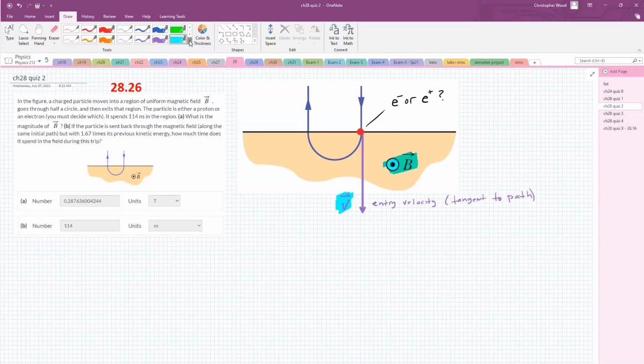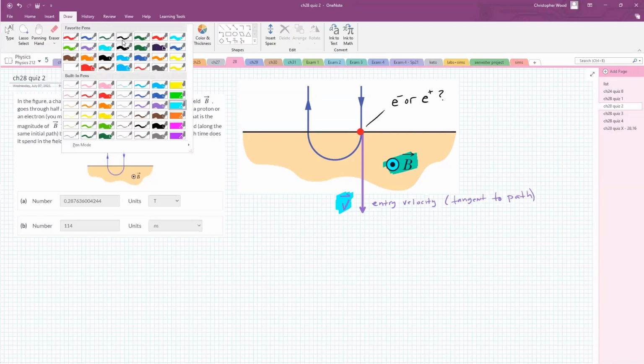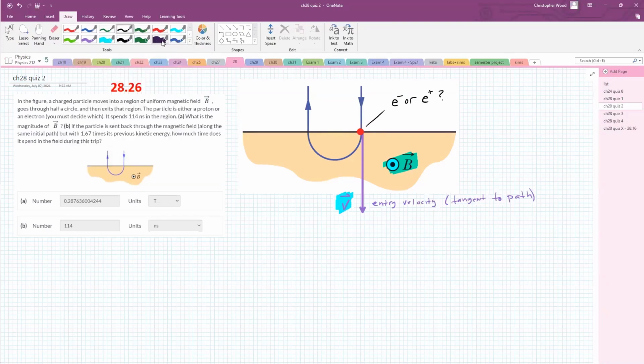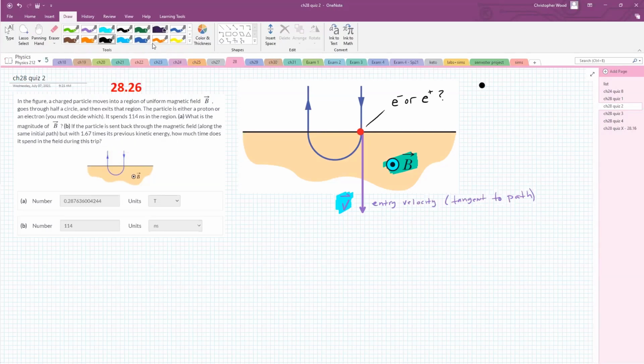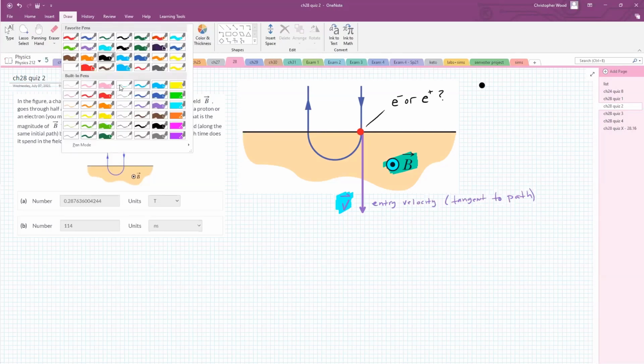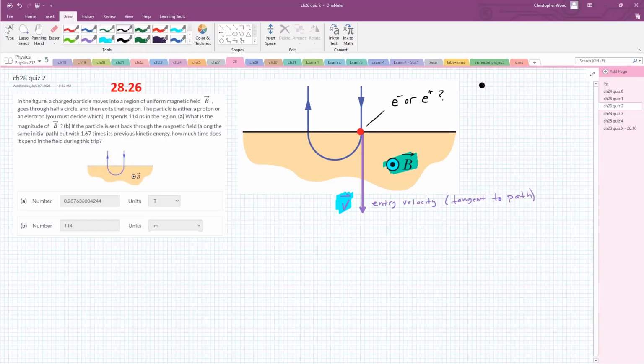So this is, again, a brief recap of a ton of time spent in the lecture videos talking about what this dot means. Whenever you see a dot, it's a visual representation showing that it's out of page.